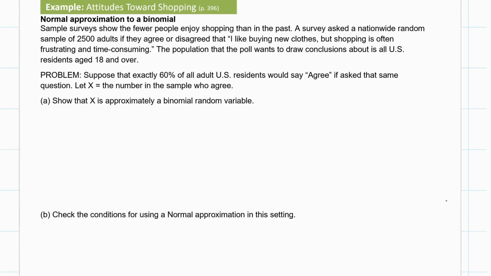Show that X is approximately a binomial random variable. Well, first of all, is it binary? Every trial ends in either success or failure, so that makes it binary.